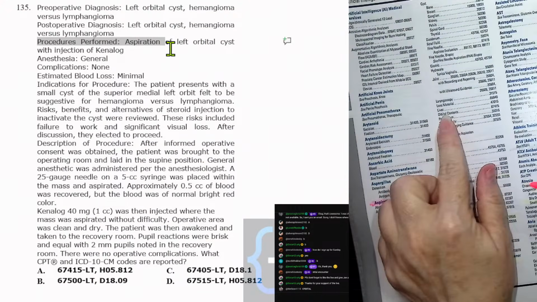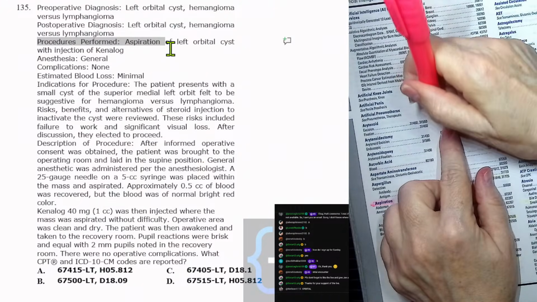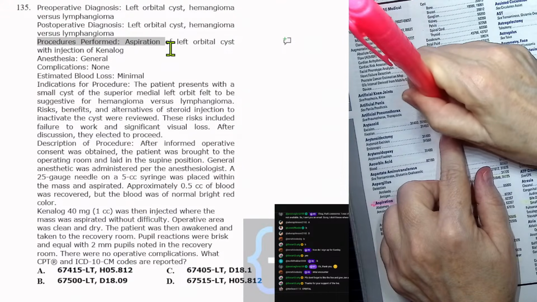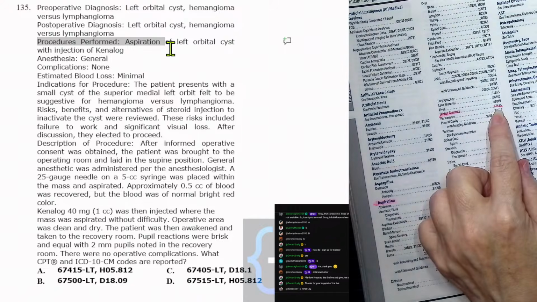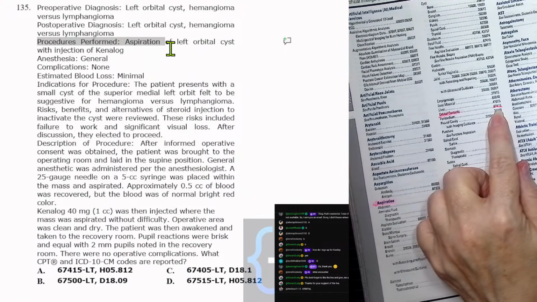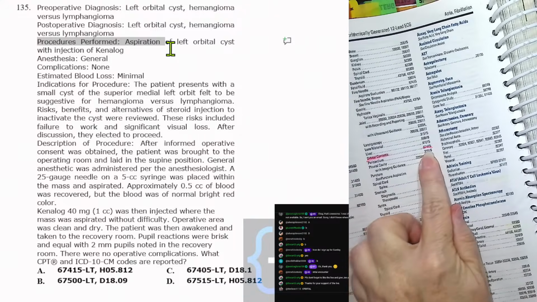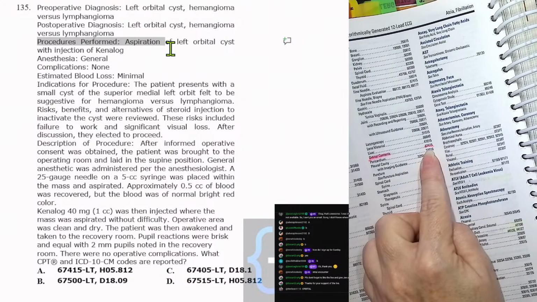If we go down to orbital, we do have a code for orbital contents, and it tells us our answer has to be 67415. If I look at my available answers, I have only one answer with that correct code.